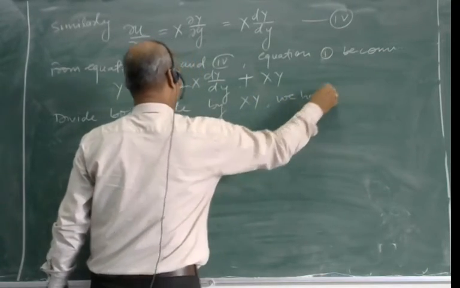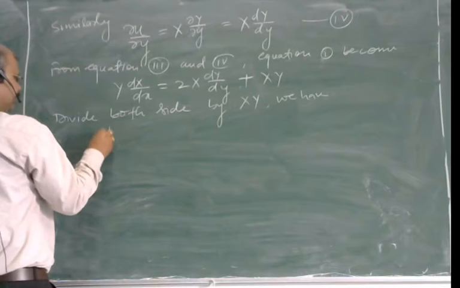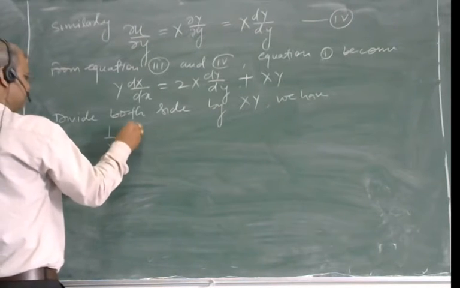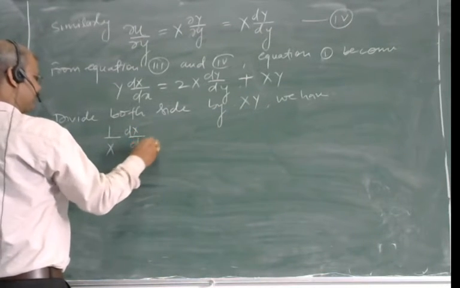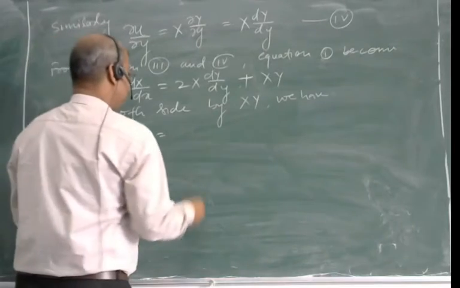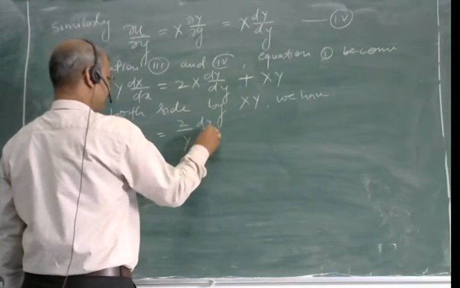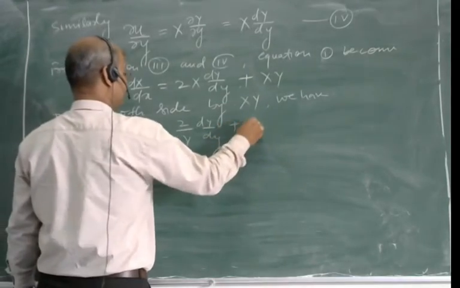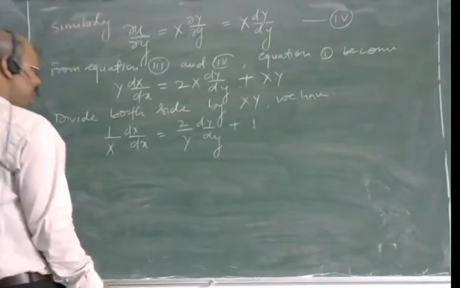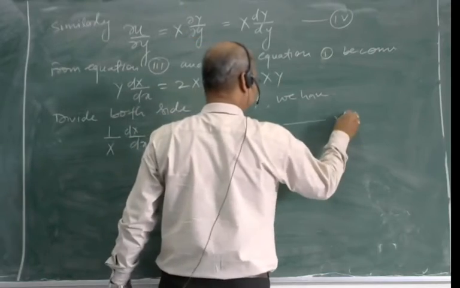We have 1 upon X dX upon dx is equal to 2 upon Y dY by dy plus 1. Okay, students, this is equation number 5.